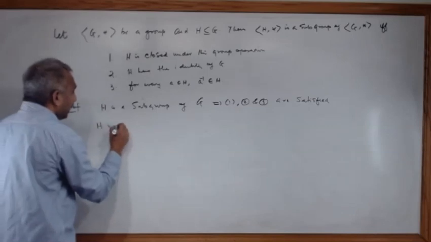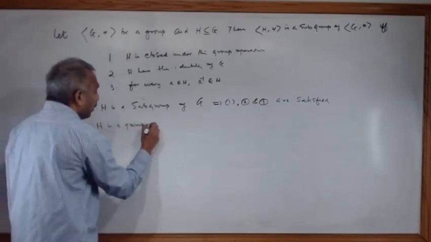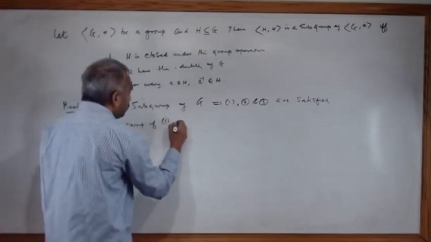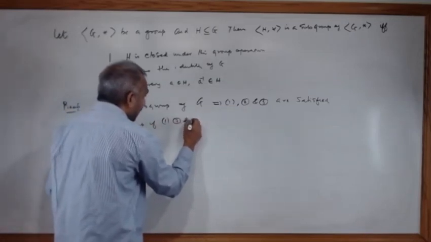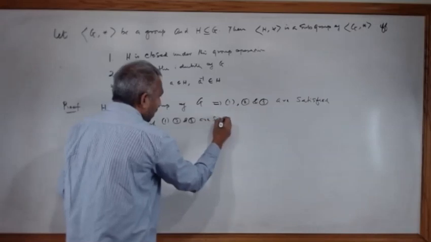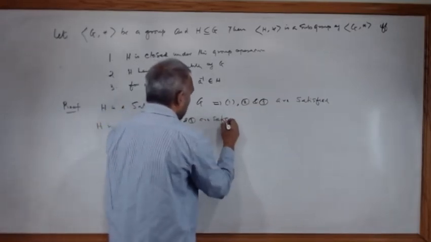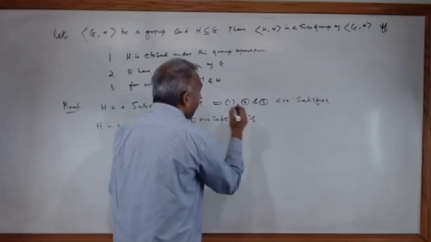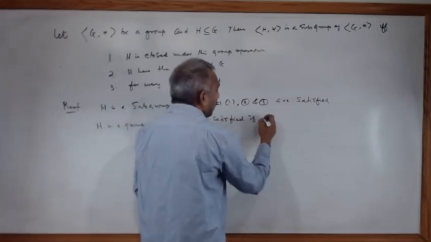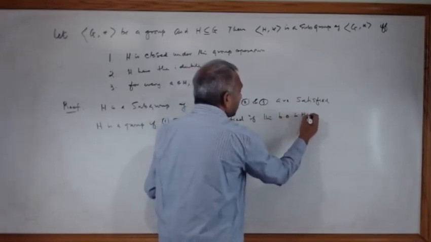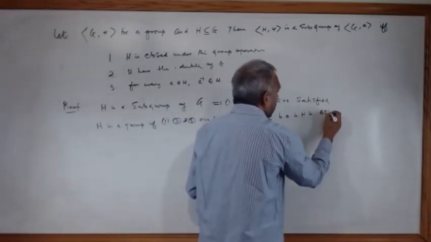H is a group if 1, 2, and 3 are satisfied and if the binary operation in H is associative.